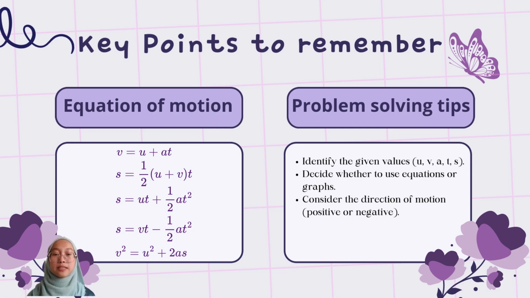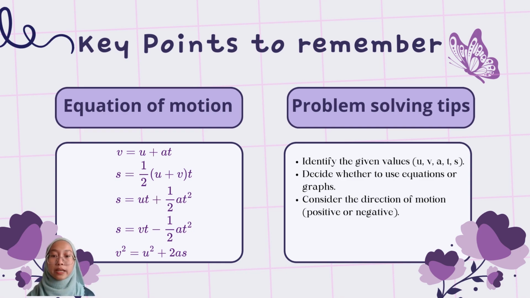And also these are a few tips I provide for you to answer all of the questions. First, I hope you can identify the given values, which is you need to identify the initial velocity, the final velocity, the acceleration, time taken, and also the speed and displacement distance. And also you can decide whether to use the equations or the graph.